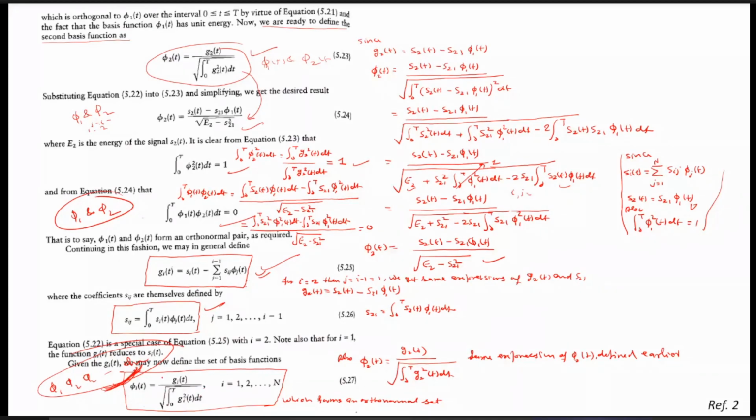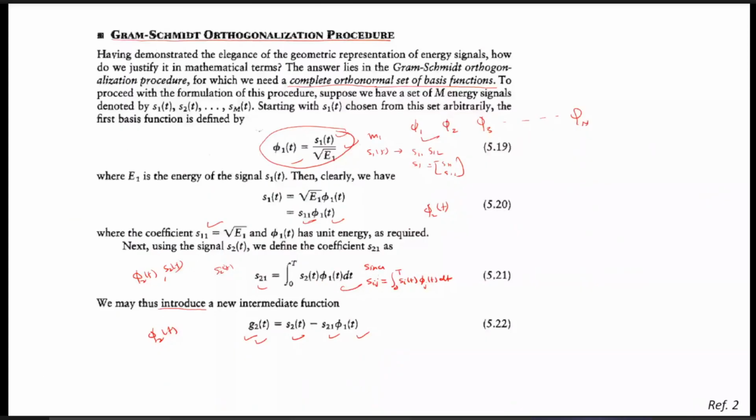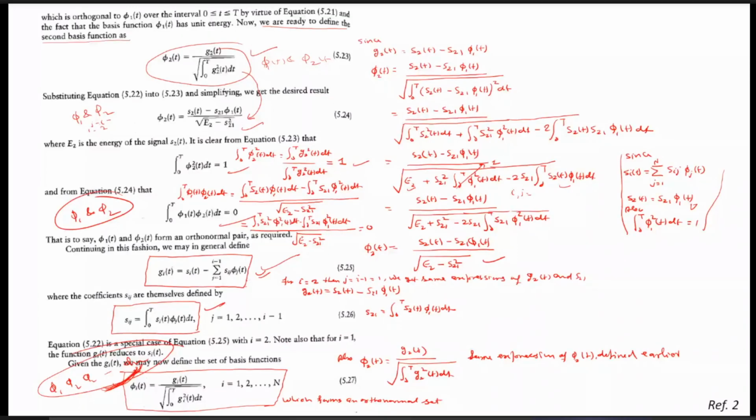Then phi 1, phi 2, phi 3, all the phi's will be orthogonal to each other. For that we took examples: we defined phi 1 by this formula, and then phi 2 by this formula. Then we saw that this satisfies the basic properties of the basis functions.